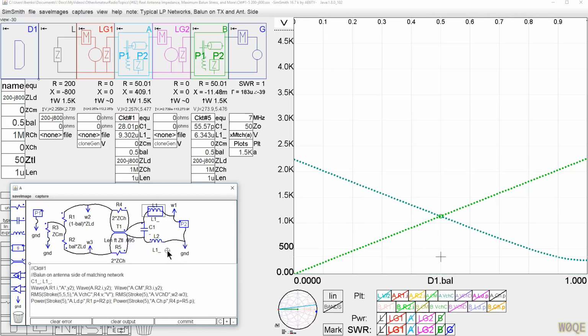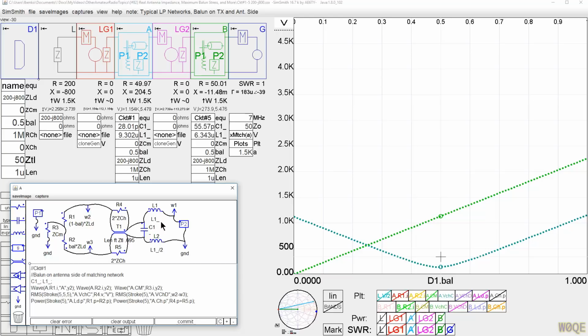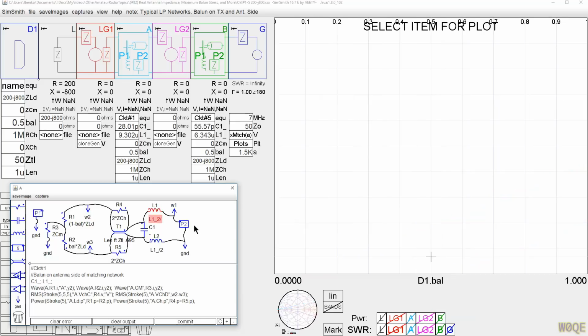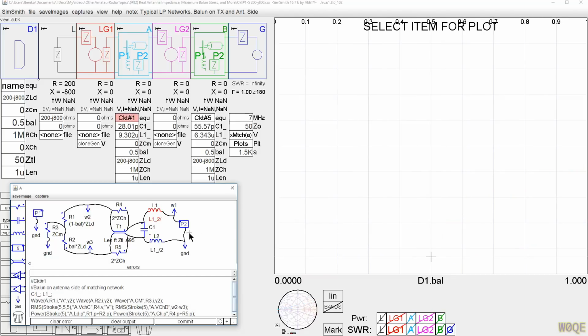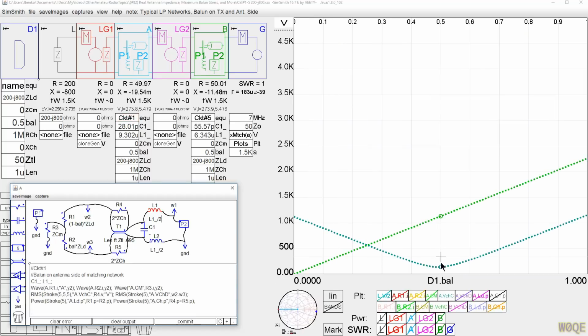Now, the inductance value is two times as large as it should be, so I'll divide both of these by 2. And we see the value is that.